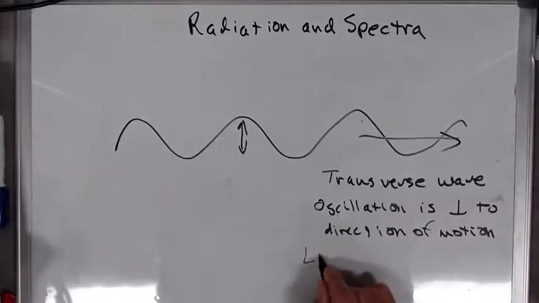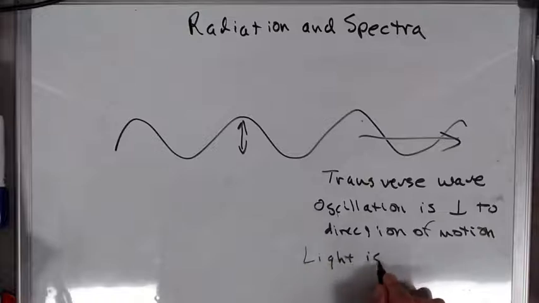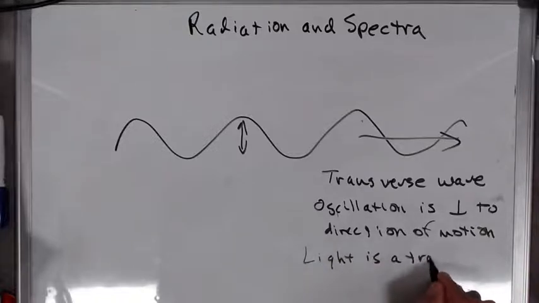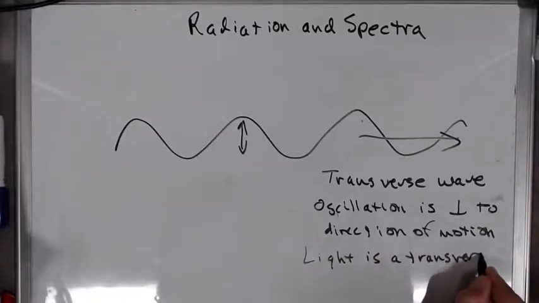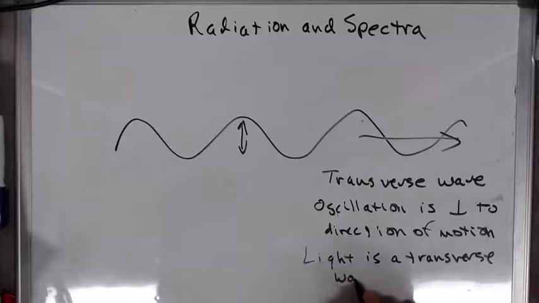So light is a transverse wave. There's another type of wave that we won't really talk about too much, but it's called a longitudinal wave.